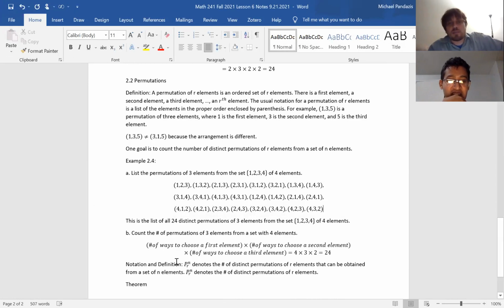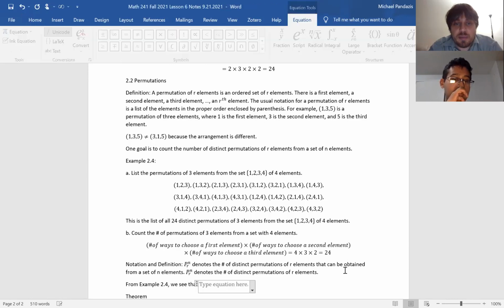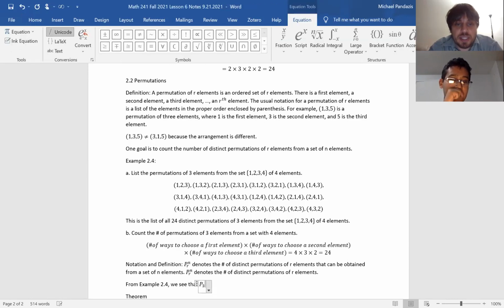So in this example, from example 2.4, we see that P(3, 4), which is equal to the number of 3-permutations in a set with 4 elements, is equal to 24. That's what you said, right?